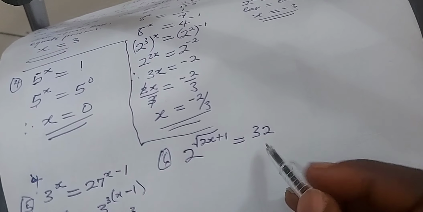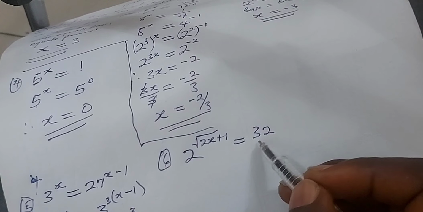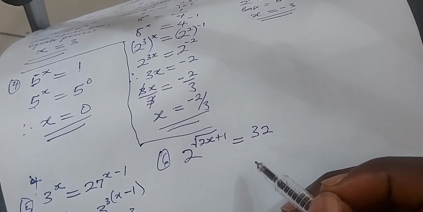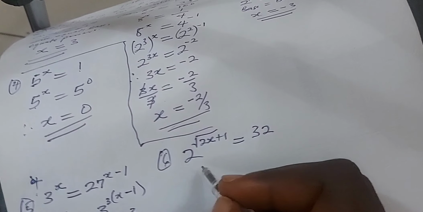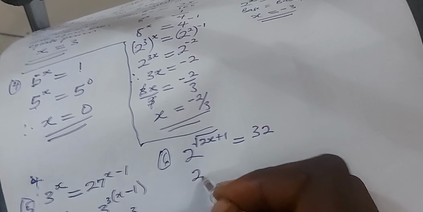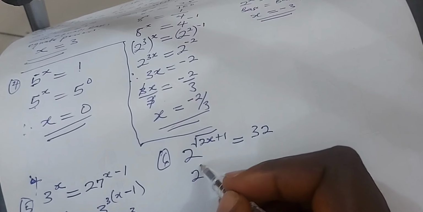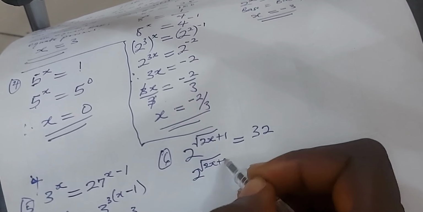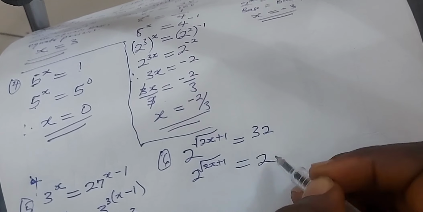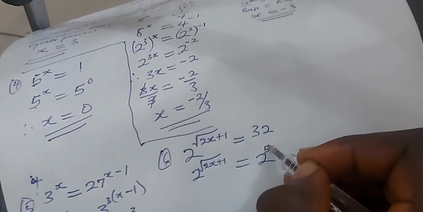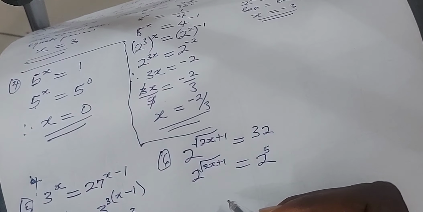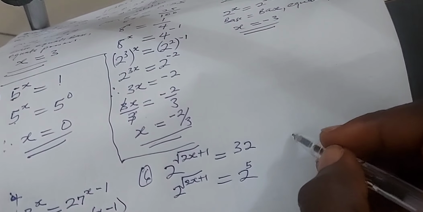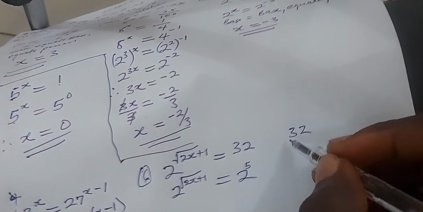And so from here, you look at 2 raised to the power of something that will give you 32. So keep this one constant. 2 raised to the power of 5 will give you 32. If you are confused, you can look for the factor like 32.